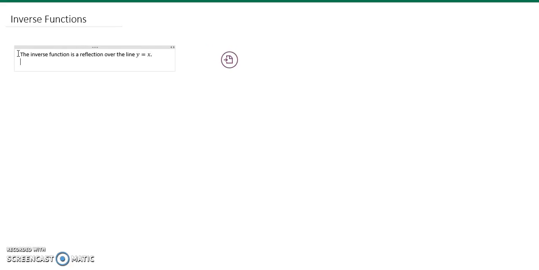This means that the domain of the inverse is the range of the original function.